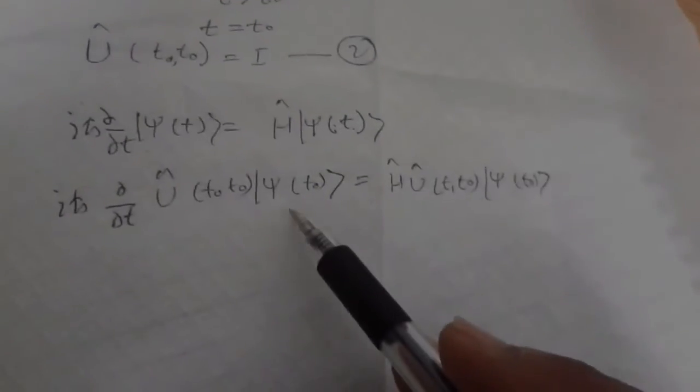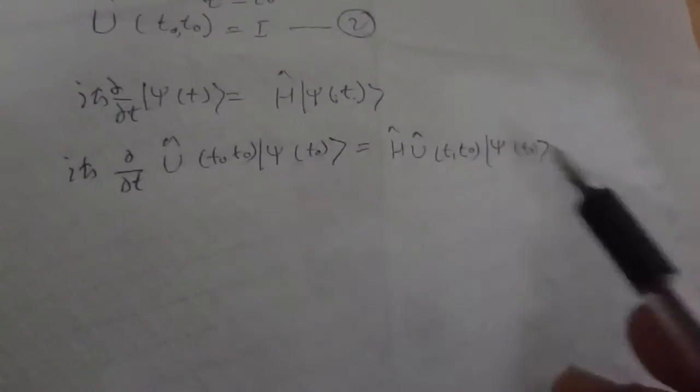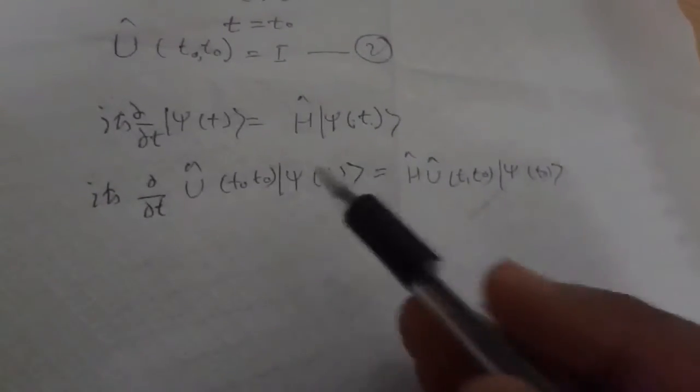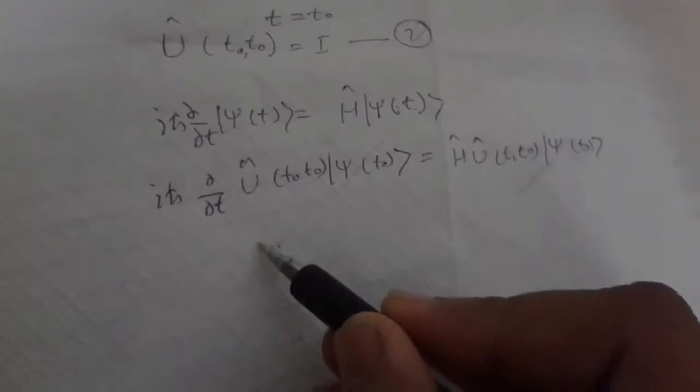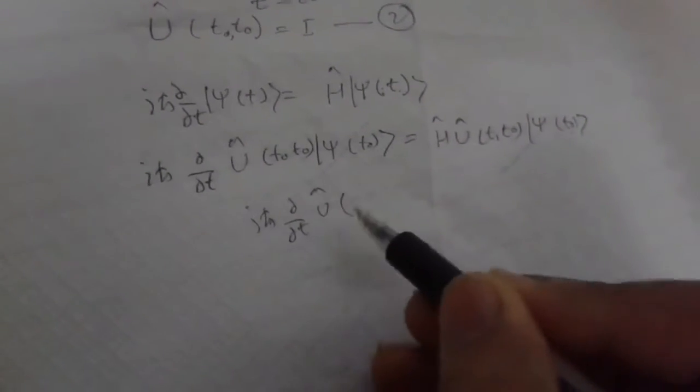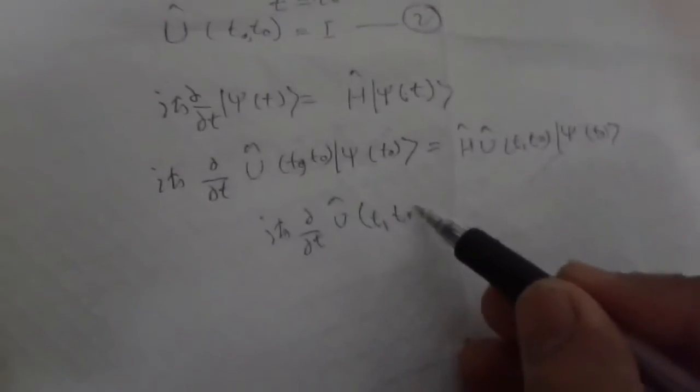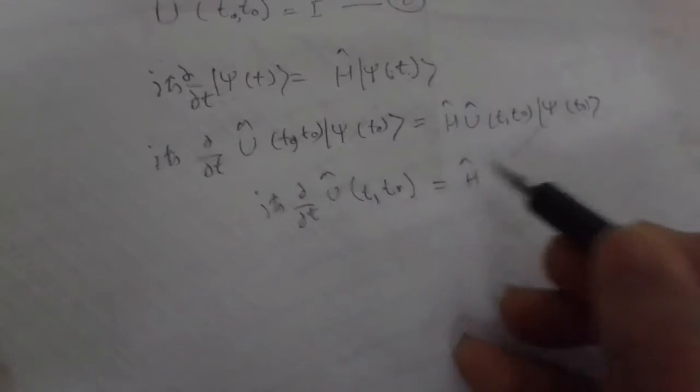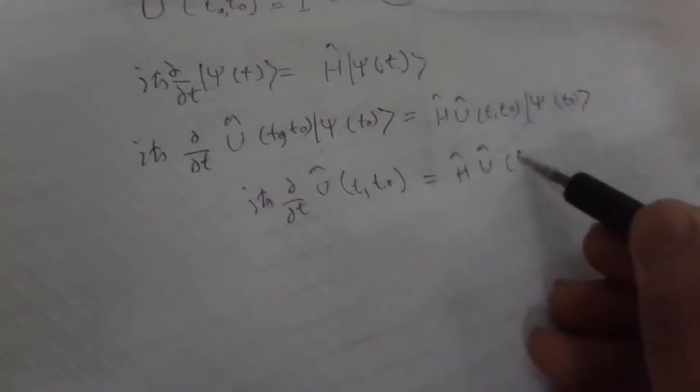Here the state vector on both sides, the initial state, is the same, so we can cancel them, and i h cut del by del t U of t and t naught is equal to the Hamiltonian of the system times the unitary operator U of t and t naught.